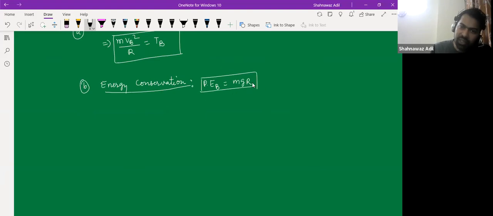right? Kinetic energy is how much? That is half mvB square. So then we just put all the values. So total energy would be how much?